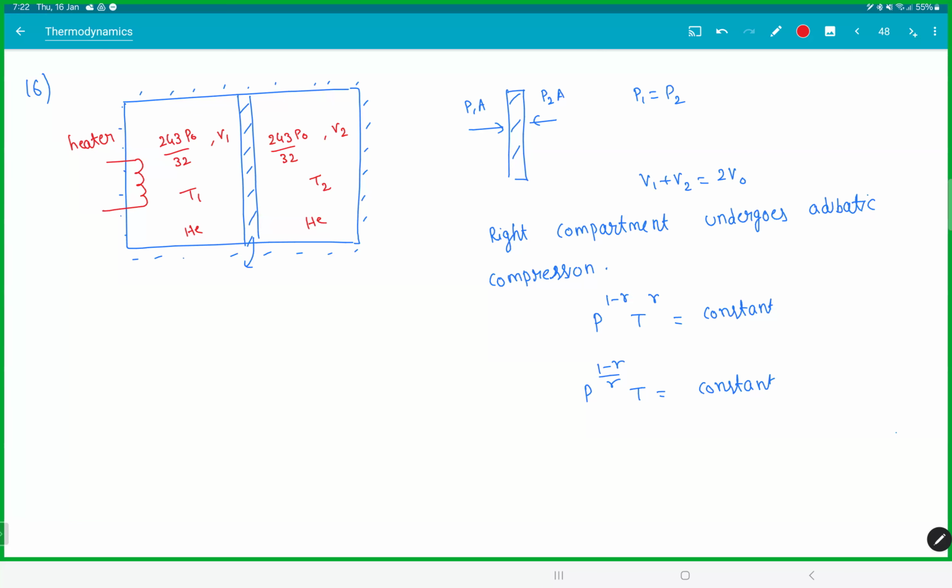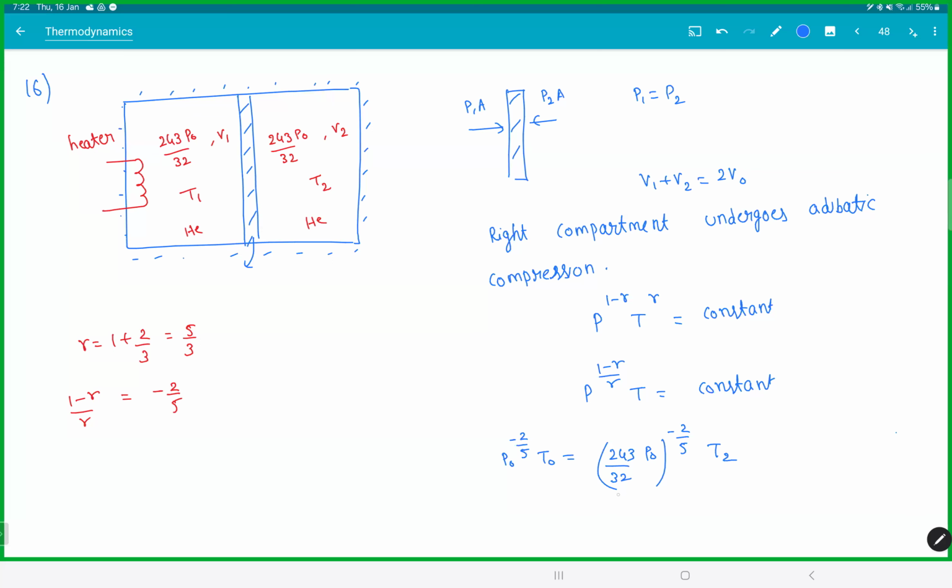Let's see, what is gamma here? 1 plus 2 by 3, 5 by 3. So (1 minus gamma) by gamma is minus 2 by 5. Initially P naught to the power minus 2 by 5, temperature is T naught, finally it is 243 by 32 P naught to the power minus 2 by 5 into T2.